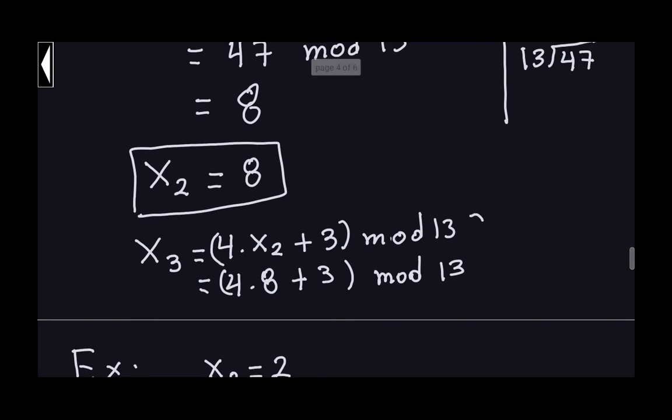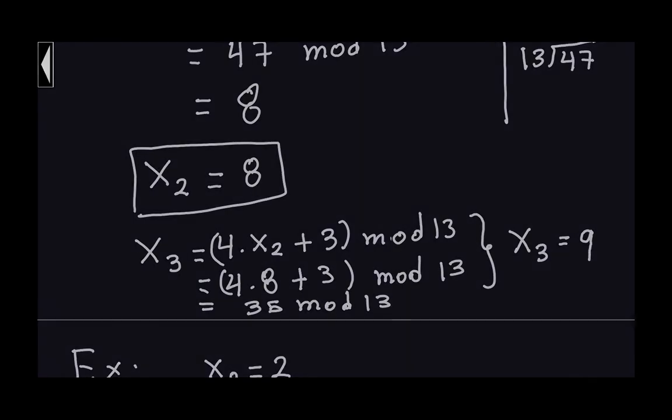If you actually do it, 8 times 4 is 32, plus 3 is 35. Then 35 mod 13 is 9. So the next number in the sequence will be 9 in this particular case.